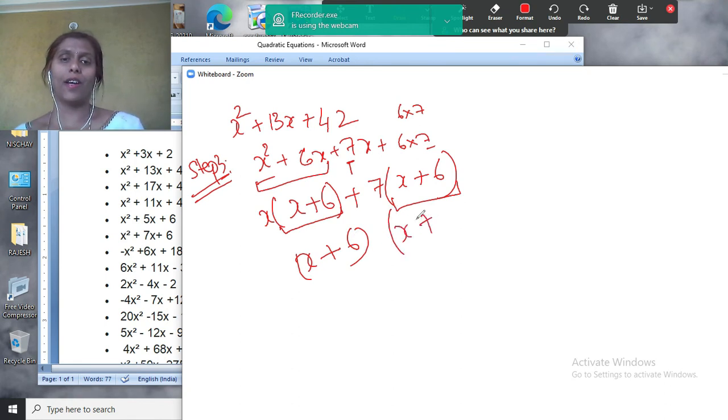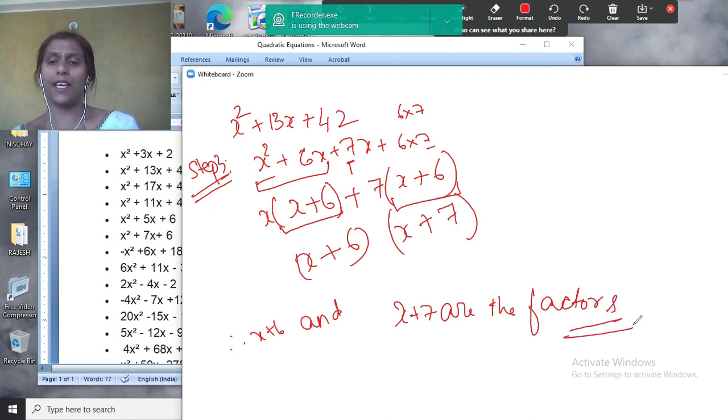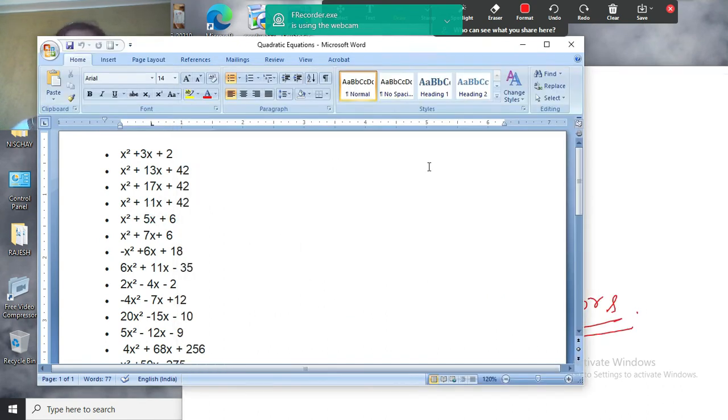Therefore, one x was there, I'll take that, and another 7 was there, I'll take that. Therefore, x plus 6 and x plus 7 are the factors of this equation, x square plus 13x plus 42.